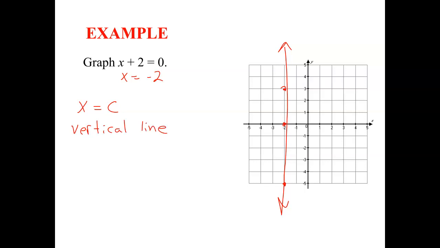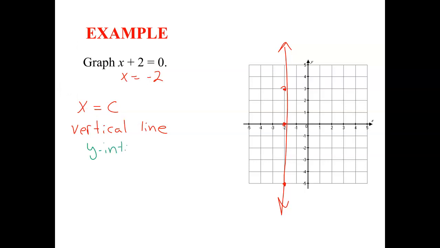What do you mean by constant? A number. A constant is a number without a variable. If it's multiplied by a variable, it's a coefficient. x equals a number is going to be a vertical line. Let's talk about intercepts some more.